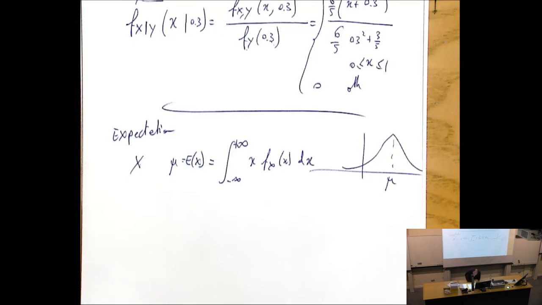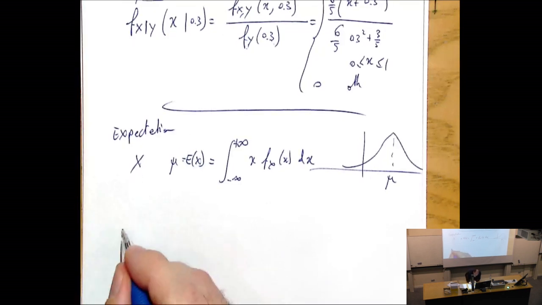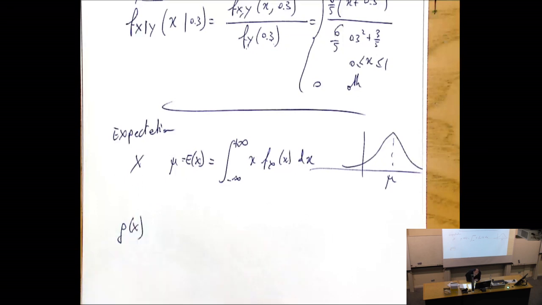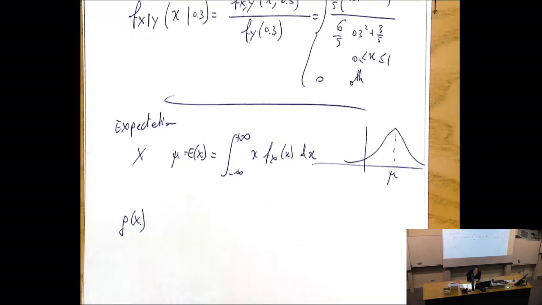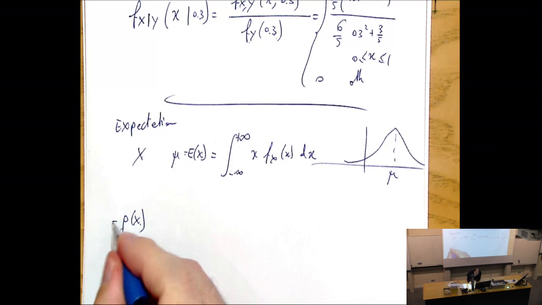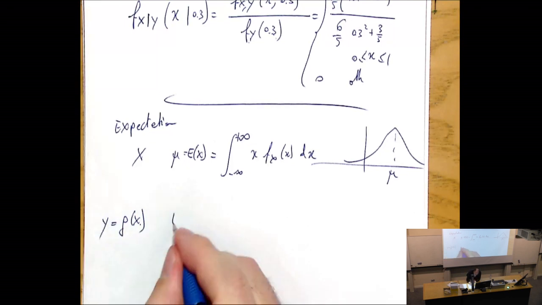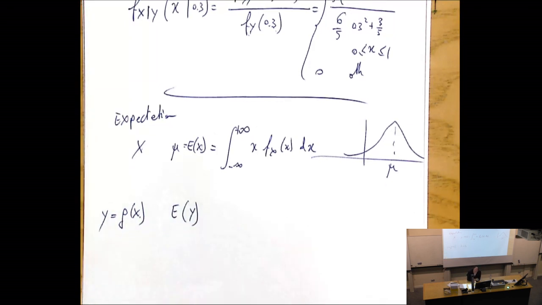Right, so before going into this, if I have a function of x, this is still a random variable, right? So I can define the expectation of y, and I can compute this. Now, there are two ways we can compute this.